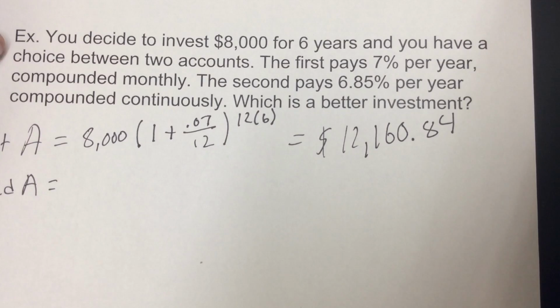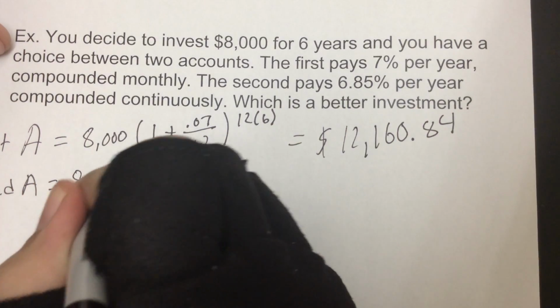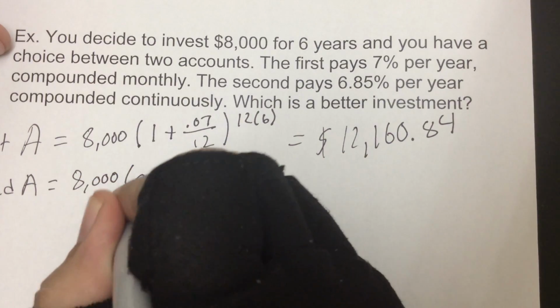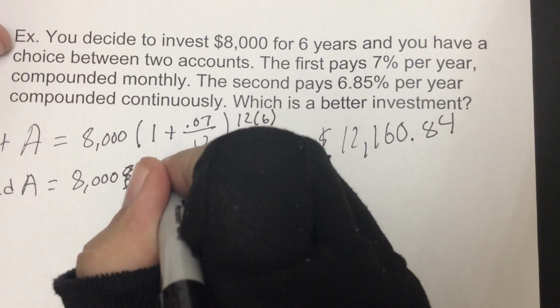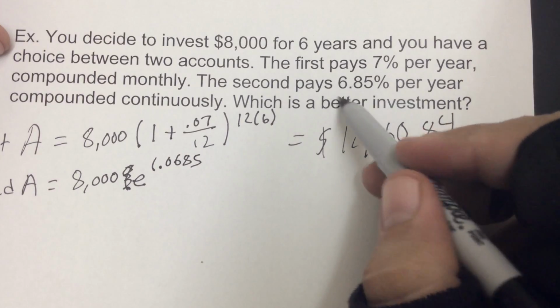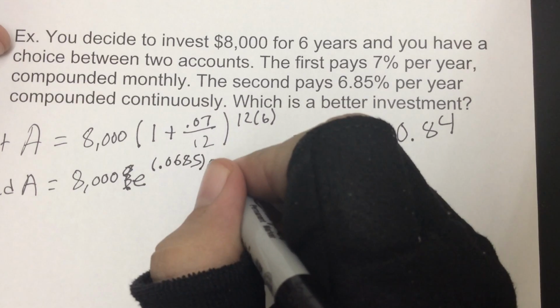So for the second one here, we're going to use A equals Pe^(rt). So principal is still 8,000. e raised to the r, which is 0.0685, because we're 6.85%, so move it twice to make it a decimal, times our 6.